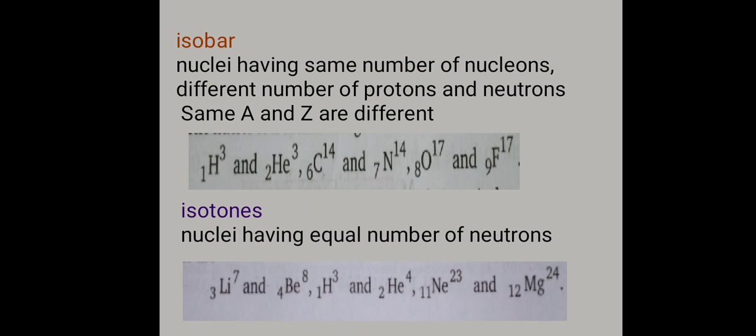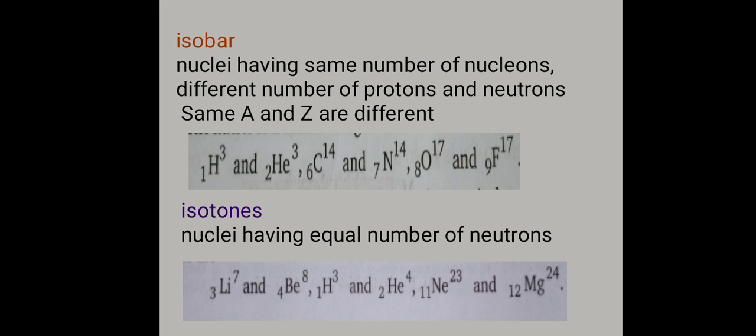Now what is an isobar? Isobars are nuclei having the same number of nucleons. The number of nucleons, that is mass number A, will be the same, but the number of protons and neutrons will be different.